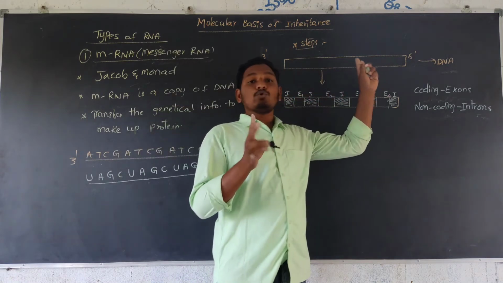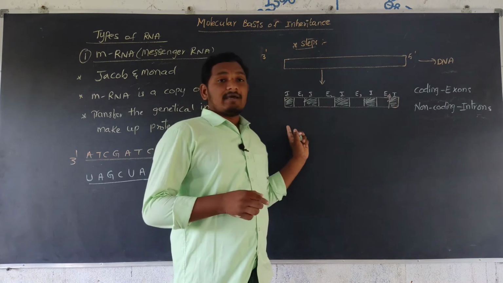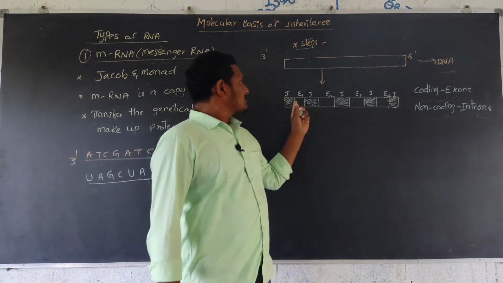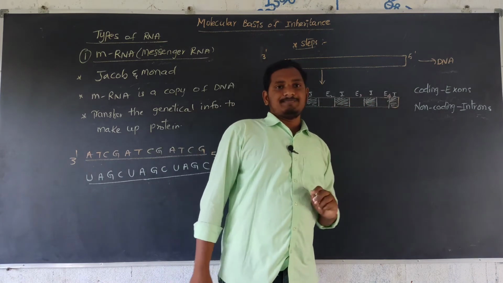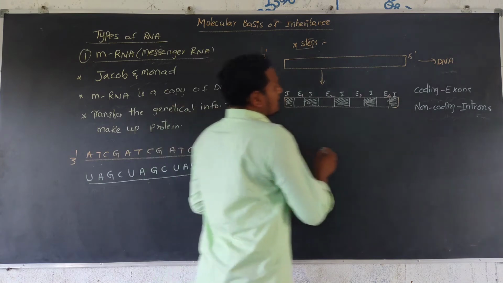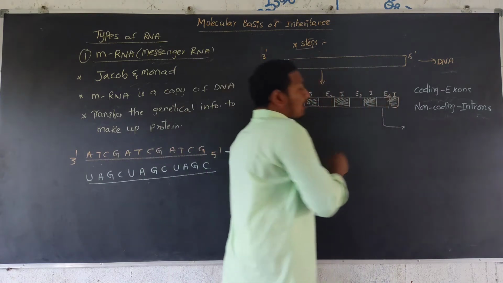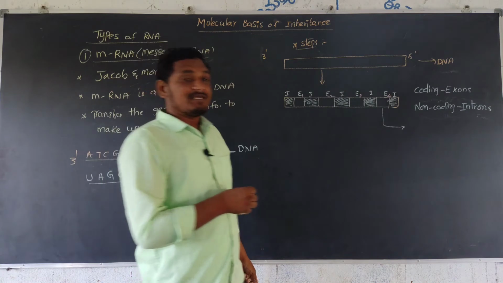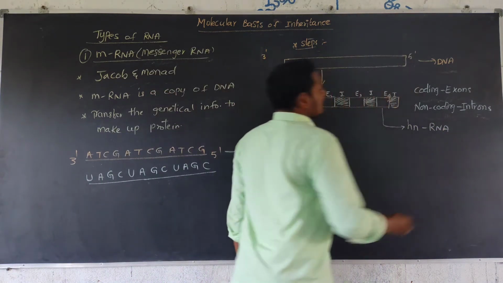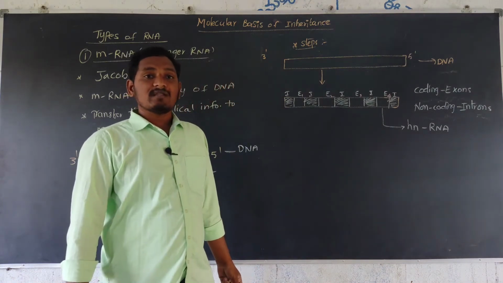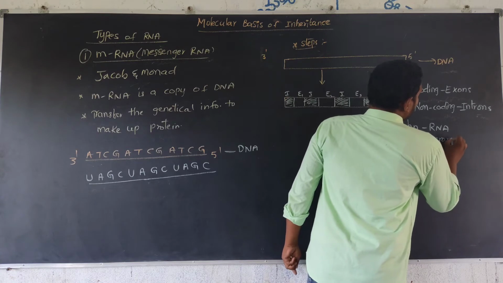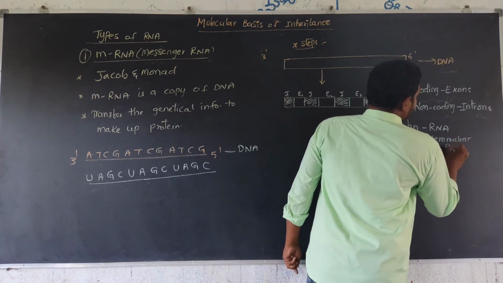This DNA contains two parts: exons and introns. Introns mean non-coding part, exons mean coding part. Next, this copy of DNA is called hnRNA. hnRNA means heterogeneous nuclear RNA.